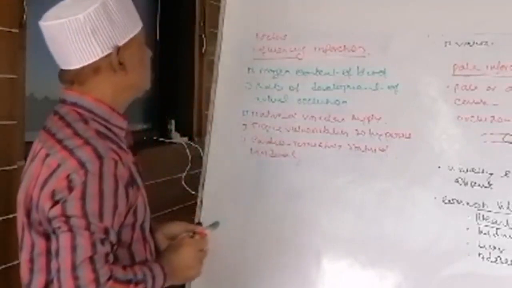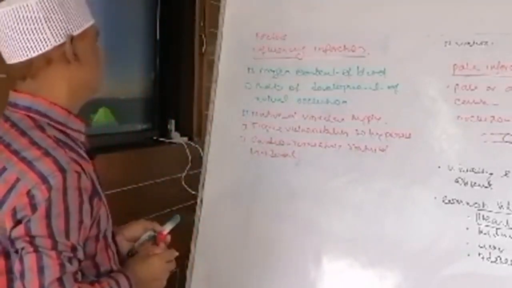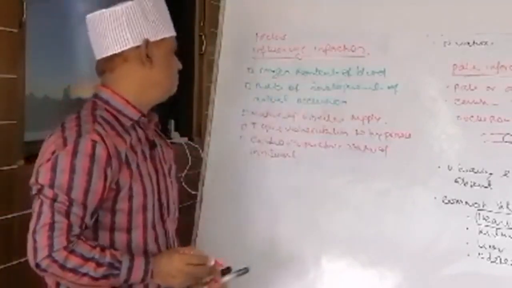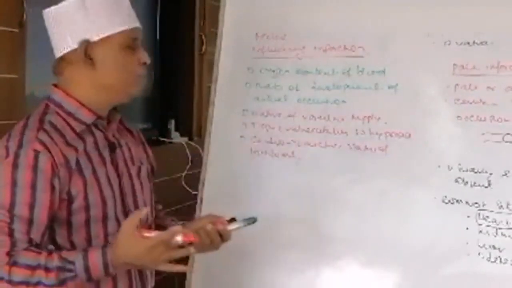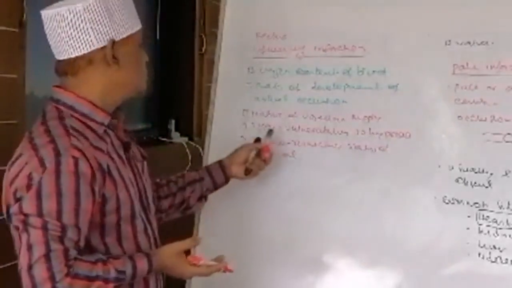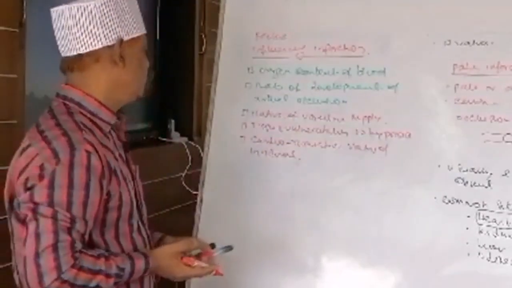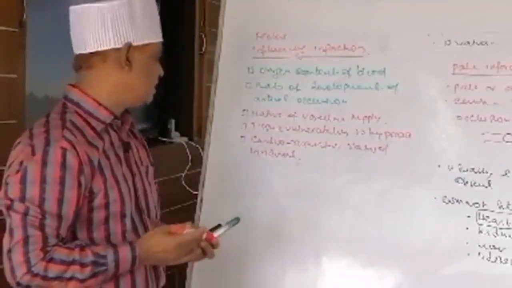Dear audience, these are the factors that influences infarction: oxygen content of blood, rate of development of arterial occlusion, nature of vascular supply, tissue vulnerability to hypoxia, and cardiorespiratory status of individual.